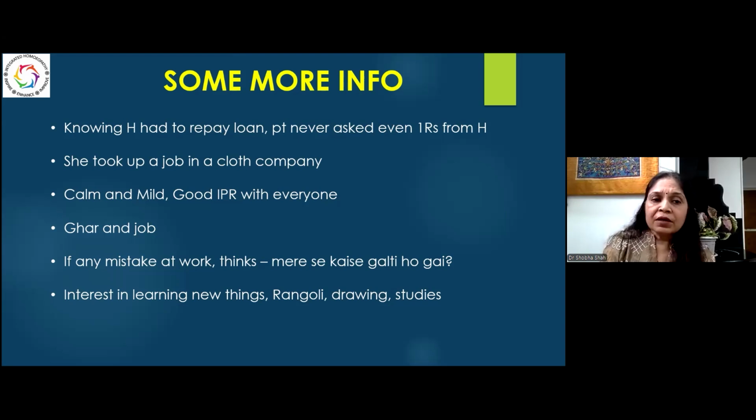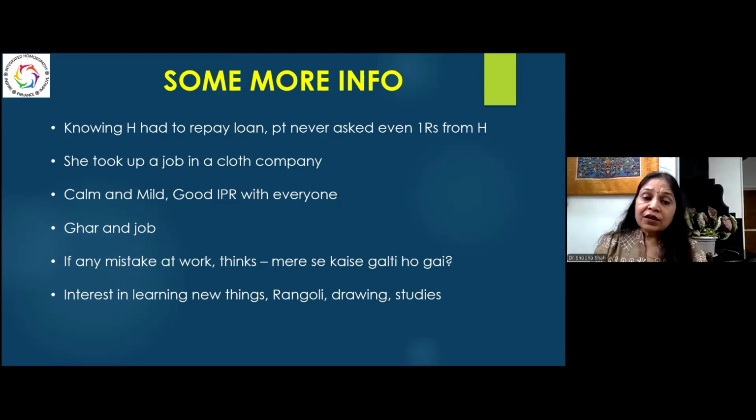Otherwise, she is a very calm and mild type of person, and she has good interpersonal relationships with everyone. I also got some information from my compounder. She also said that she is a very mild type of person, meaning she is good and her work is good, and she will just go directly to her work and then go home.